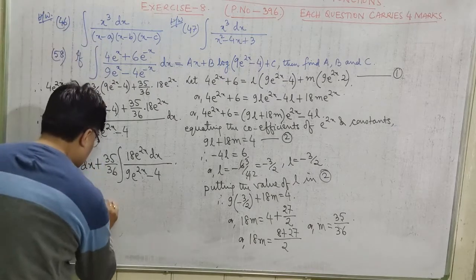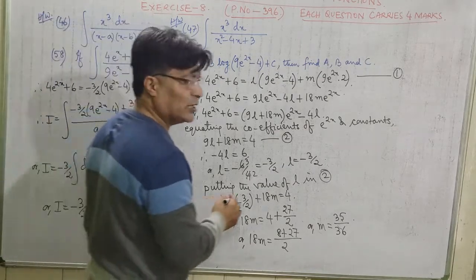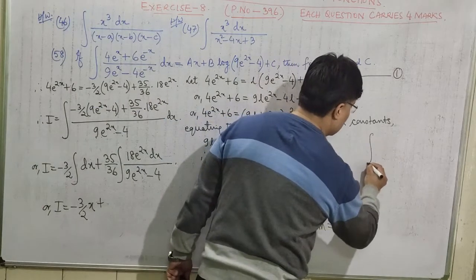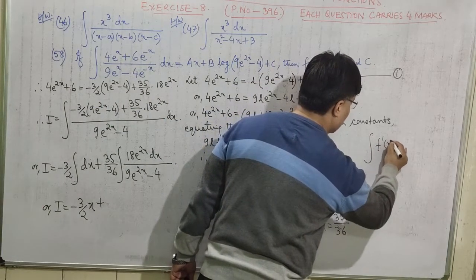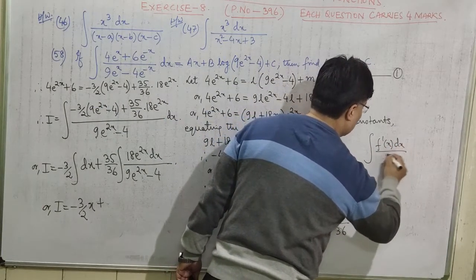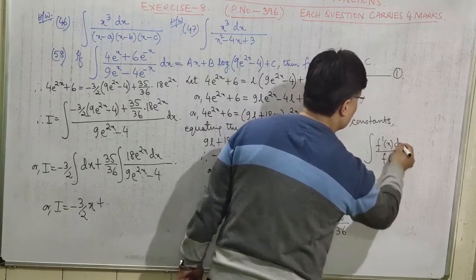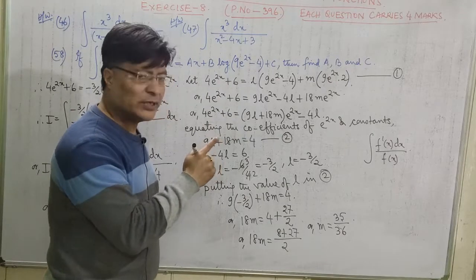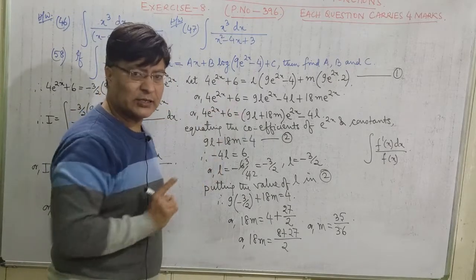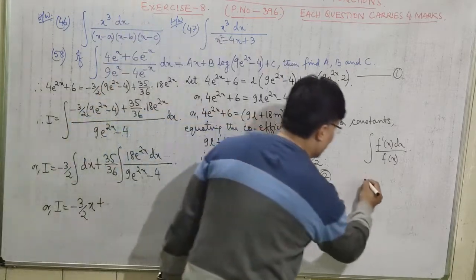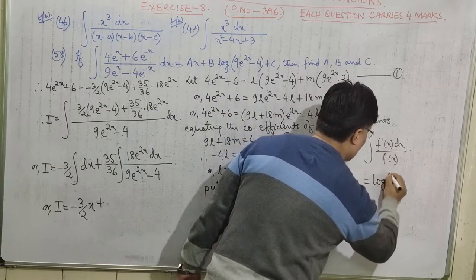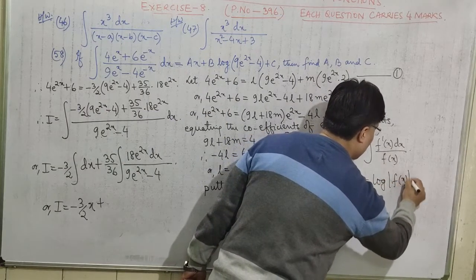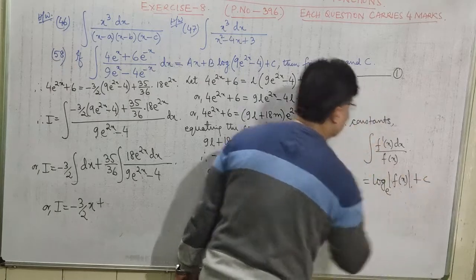So in this case we can use this formula: the integral of f dash of x dx divided by f of x. You know this formula, isn't it? The differentiation of the denominator f of x is f dash of x, and we are getting the numerator. So its formula will be log within mod f of x, base e, plus c.